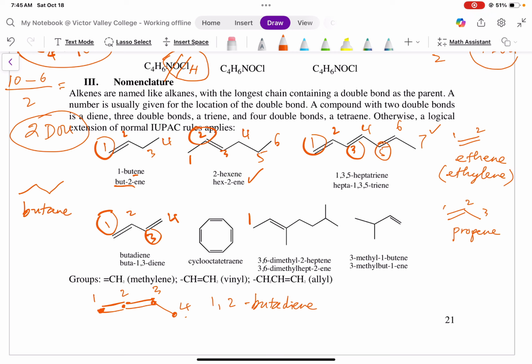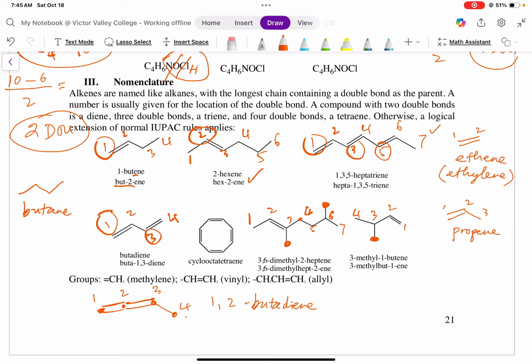Here we go from left to right. So we got 6-methyl, 3-methyl, 3-methyl, 6-methyl, or 3,6-dimethyl-2-heptene. Now notice the last one here on the right, you have to put number 1 on the double bond because that's a functional group. That's more important than the branch.